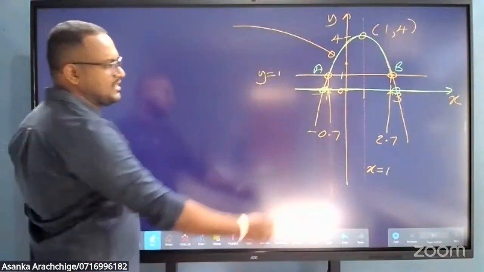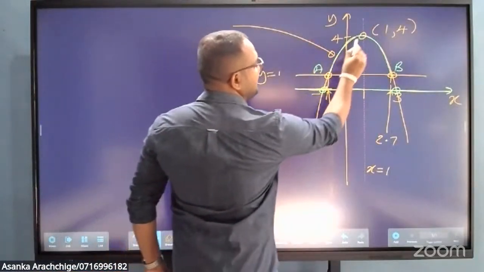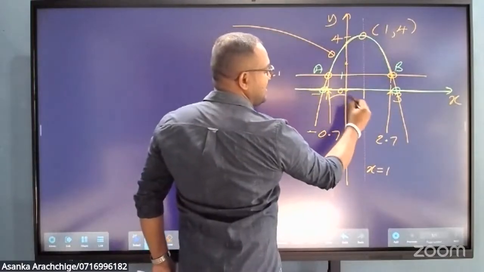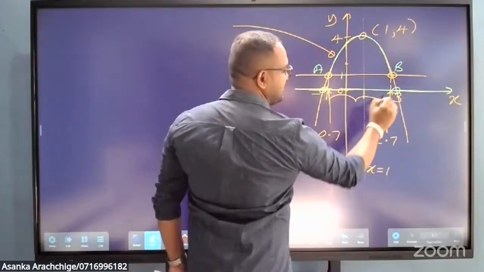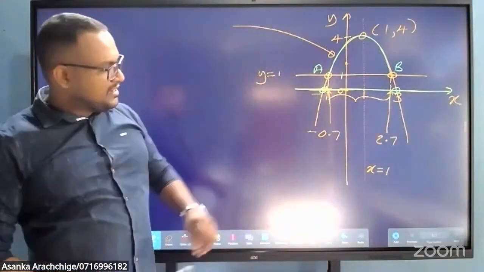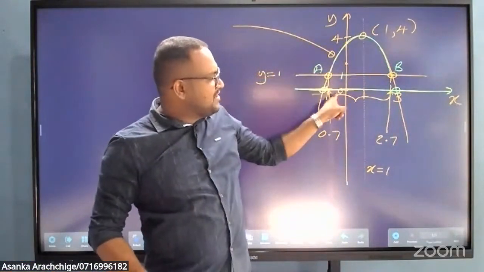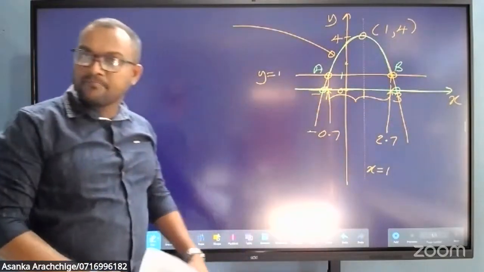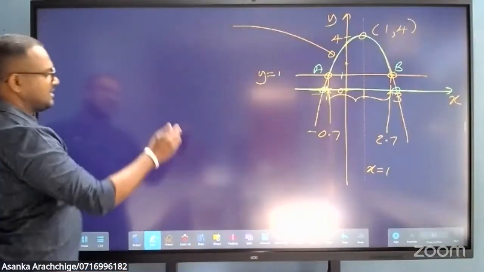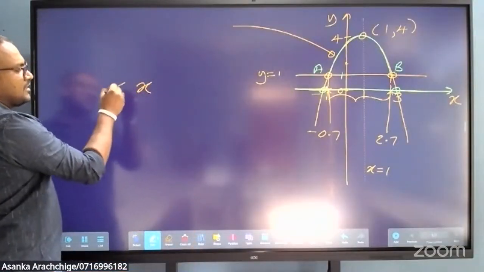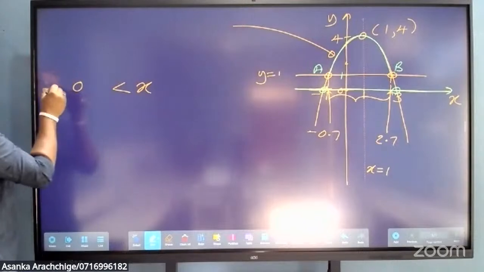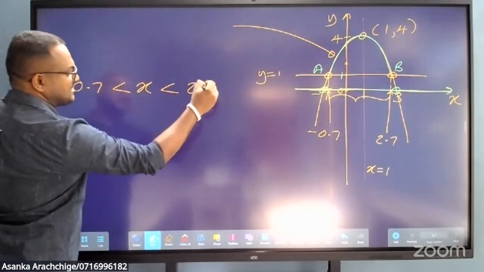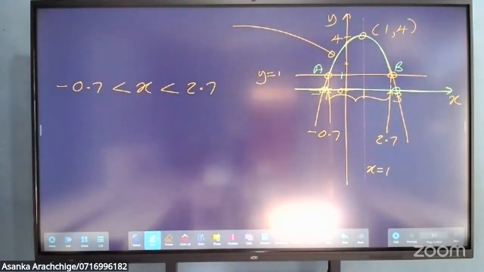Now the answer: the function is greater than 1 when x values are in this range. ඒ කියන්නේ function එක 1ට වඩා වැඩි වෙන්නේ මෙන්න මෙතන සහ මෙතන අතරදී. තේරුණාද? එහෙනම් answer එක x is greater than minus 0.7 and less than plus 2.7. Understood?